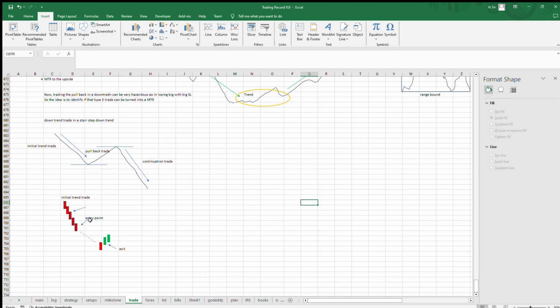So that'll be the exit here, entry and exit. Okay. The stop loss is going to be looking for, essentially, I have to look for the support and resistance area. I'm looking at the support and resistance area. Support and resistance area is going to be telling me at which point to exit.